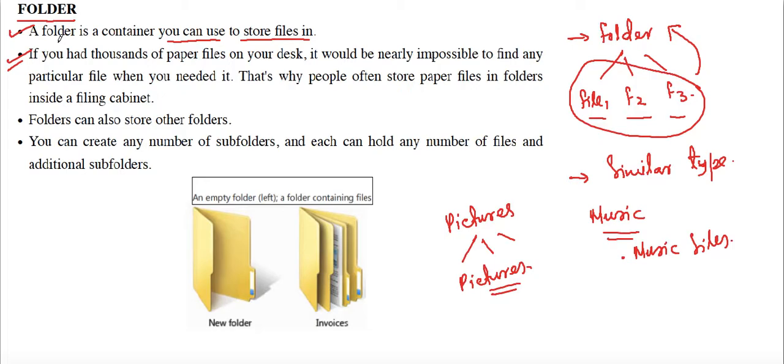That is why people store the files inside folders, and they put the folders inside a filing cabinet so that it is easier to search for a file in future. We do the same thing on computers. In computers we have thousands and lakhs of files, and we organize those files inside folders, so that it is easy to search for a file in future.